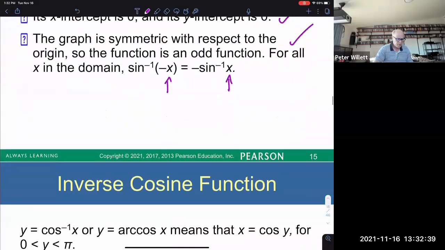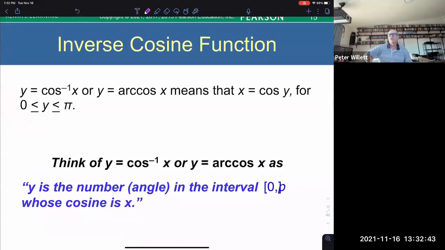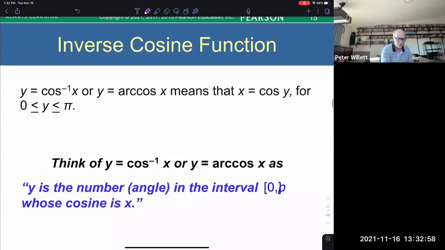All right, so then now moving on, how would we think about doing all these for the other functions? So let's just review with the time we have left what this looks like when we do this to cosine and to tangent and things like that. So they say, all right, well, when we have the inverse cosine function, which can also be referred to as the arc cosine function, and you plug in an x into that, it means x was equal to cosine of the y value that you're looking for.